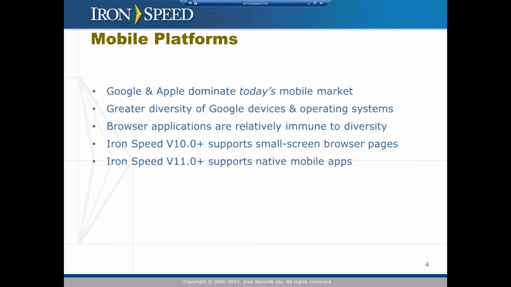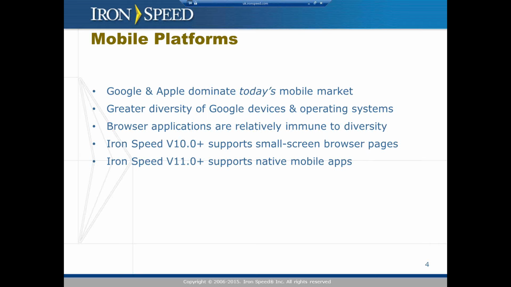Everyone knows that Google and Apple have dominated today's mobile market, and there is a greater diversity of devices already in the market. So it is important to support the mobile web browsers, or today it has become really important to support native applications. Everyone knows that Designer version 10.0 already supports browser pages.